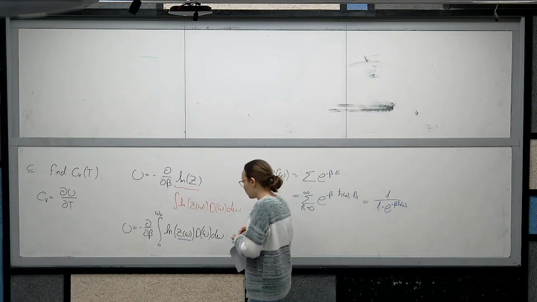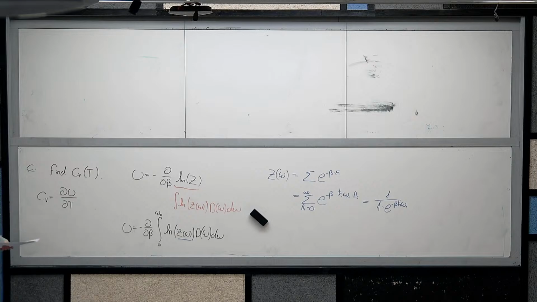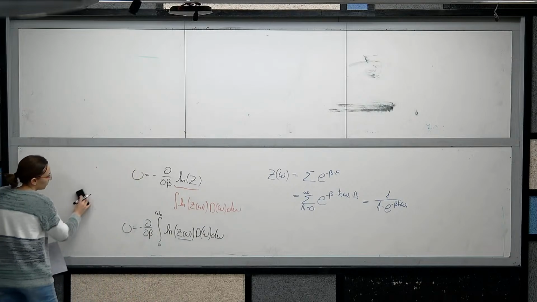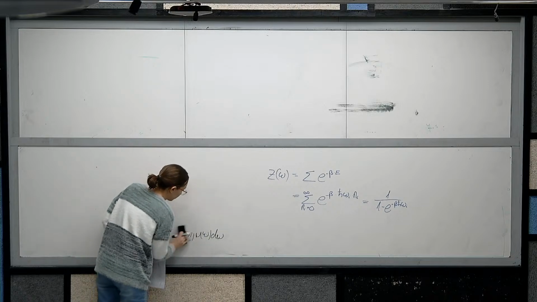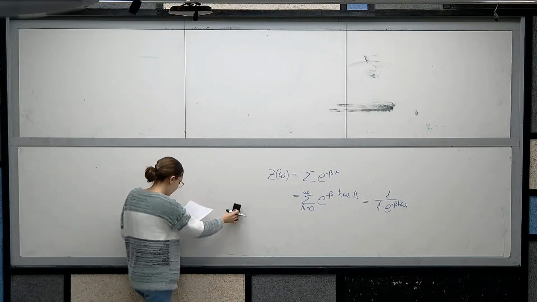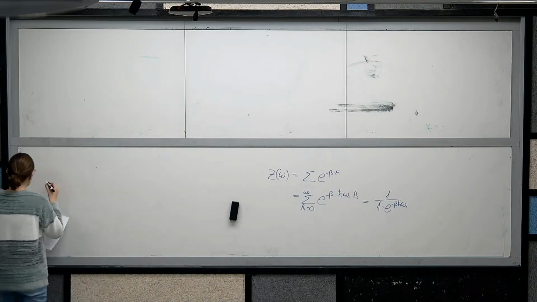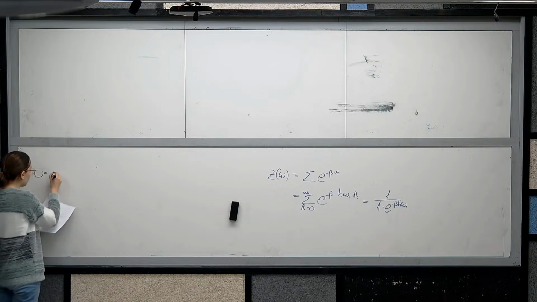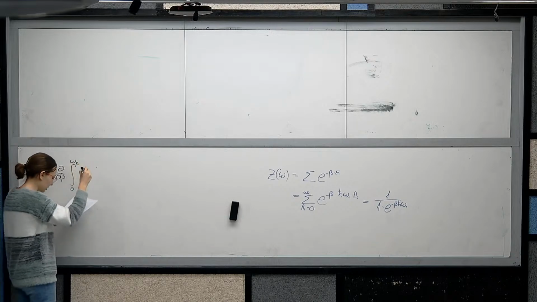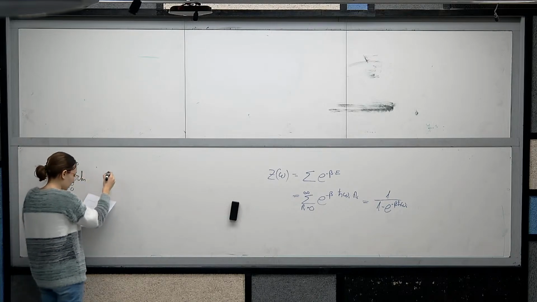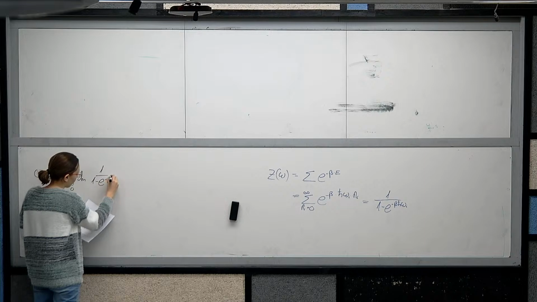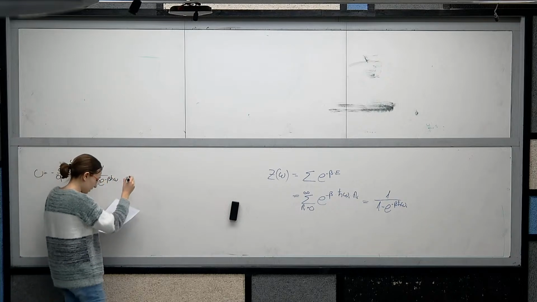Great. So let's insert it into the integral. What we get is that the internal energy equals minus the derivative relative to beta of the integral from 0 to omega d of ln of this subsystem partition function times the density of states.